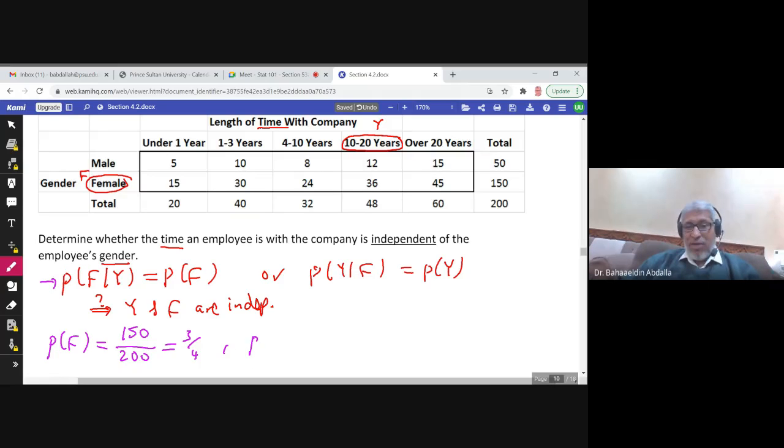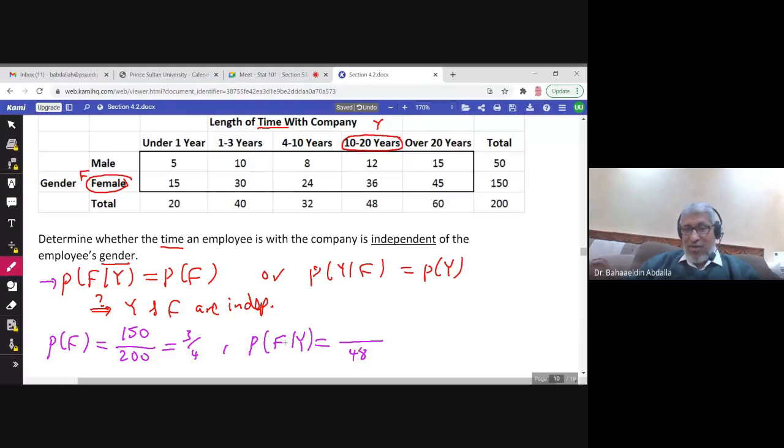Now, what is the probability of F given Y? You can use the formula, or you can use the table directly. I will find it here from the table directly, so please pay attention. There is a condition. The condition is Y. It has spent from 10 to 20 years. So the total number of employees who spent from 10 to 20 years is 48. So I'm going to divide by 48.